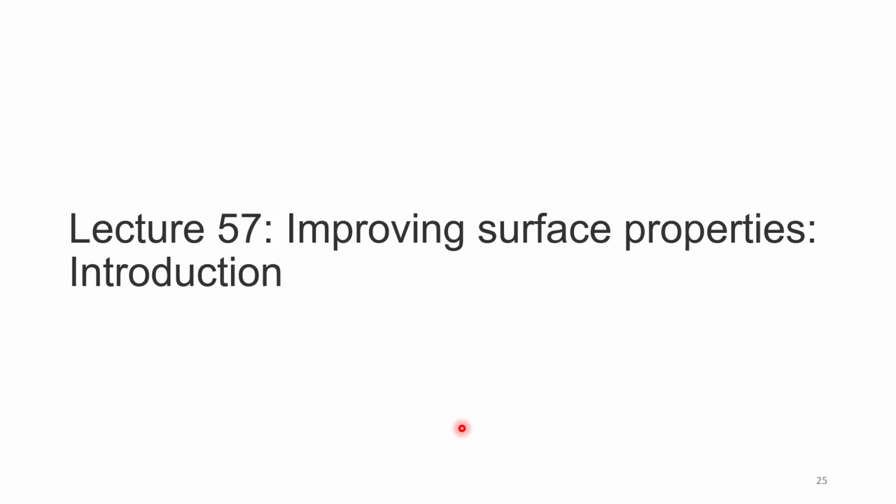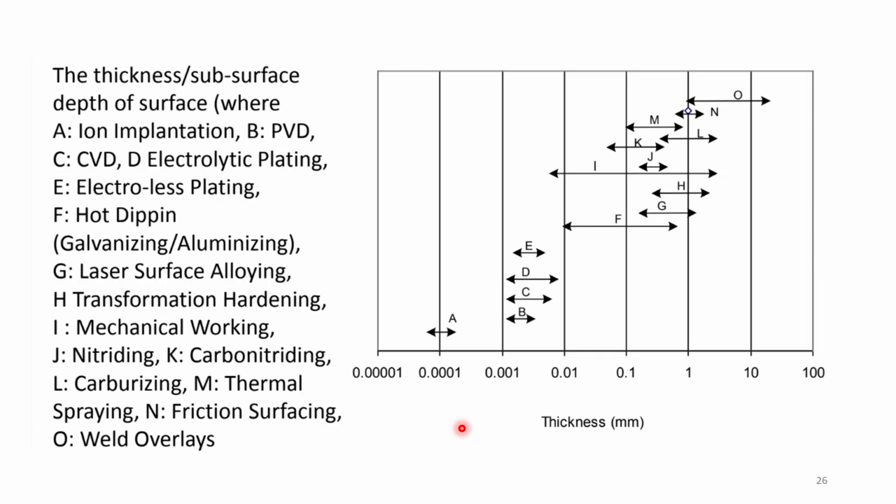Next is improving surface properties. These are various processes, plotted for understanding the thickness of layers. In this case, the thickness or subsurface depth is lowest for A, which is ion implantation.